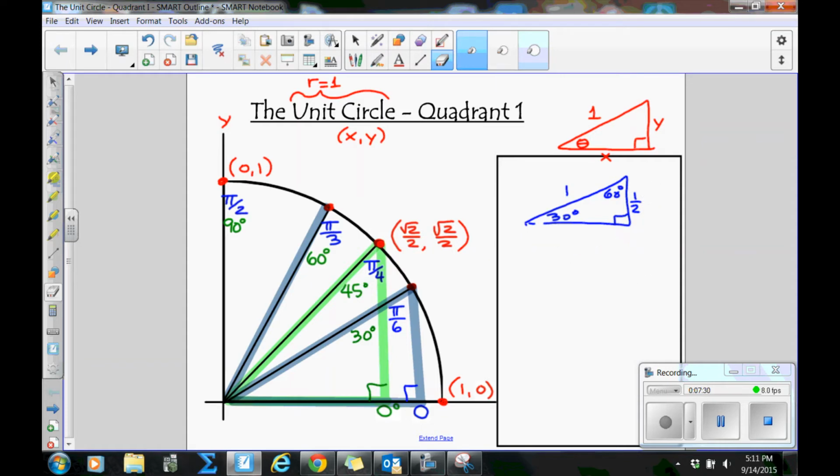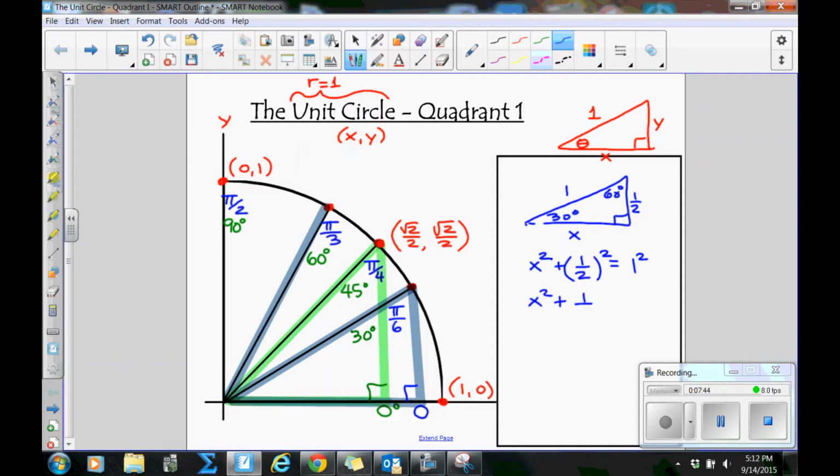If you can get that far, then you can use Pythagorean theorem to find the x value. X squared plus 1/2 squared equals 1 squared. 1/2 squared is 1/4. 1 squared is 1, which is the same as 4 over 4.